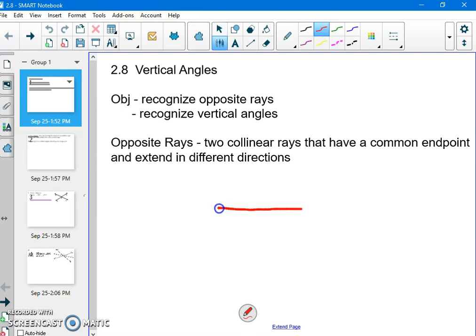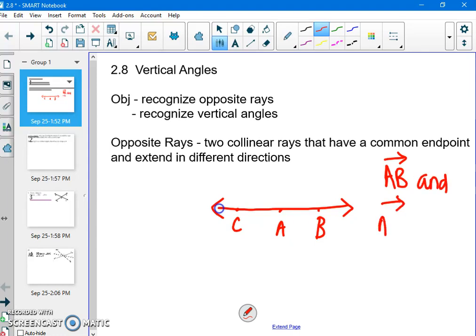If I were to draw CAB, we would say that ray AB and ray AC are opposite rays.